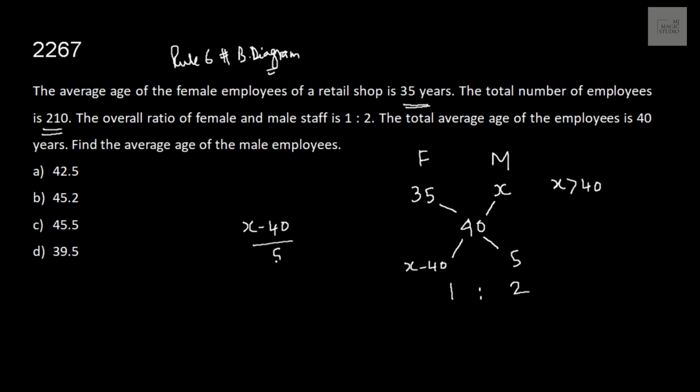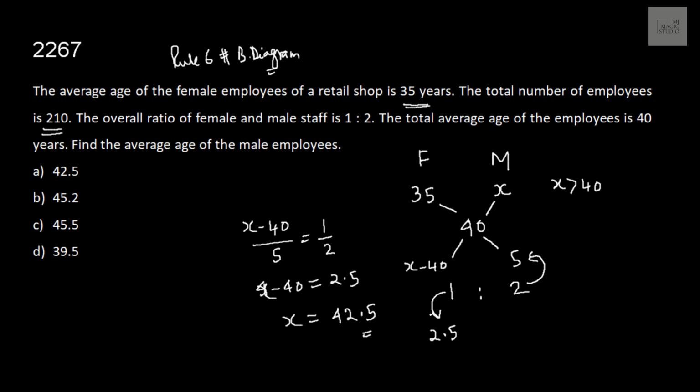X minus 40 by 5 is equal to 1 by 2. X minus 40 is 2.5. X equals 42.5. Or here itself also we can do it, like if 2 means 5, then 1 means 2.5.